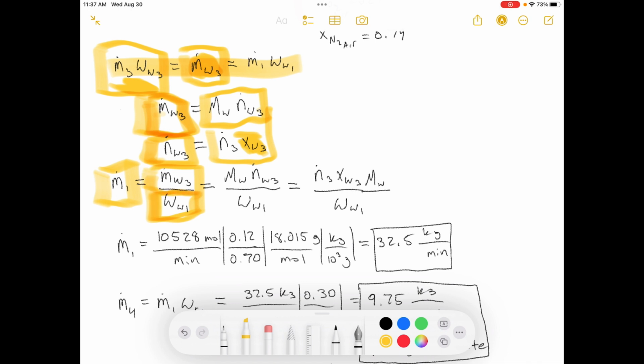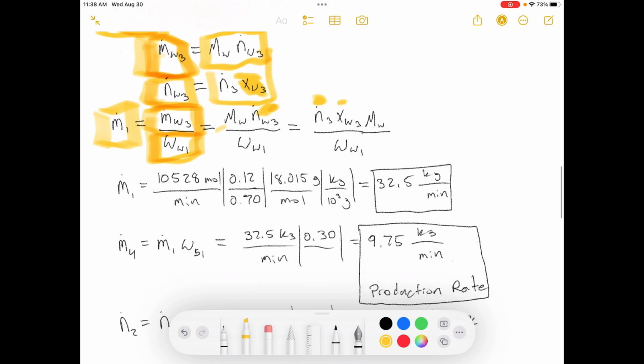And we know that the total amount of water flowing is equal to the molar mass times the molar flow rate of water. And we can convert this molar flow rate of water into the molar flow rate times the mole fraction of water. All of these things we know because we've solved for them previously.